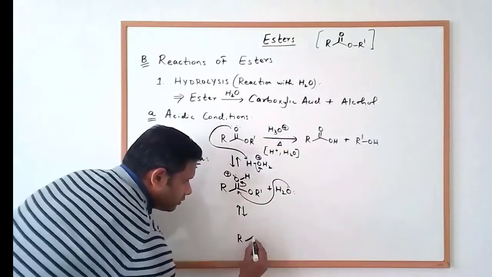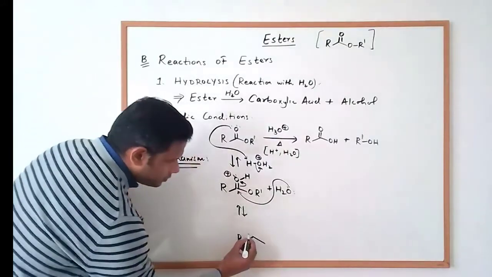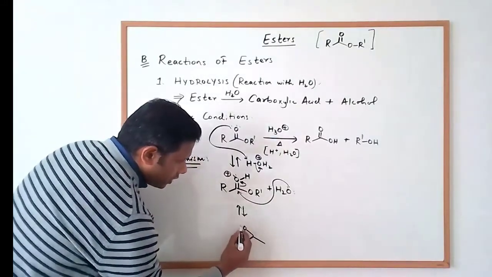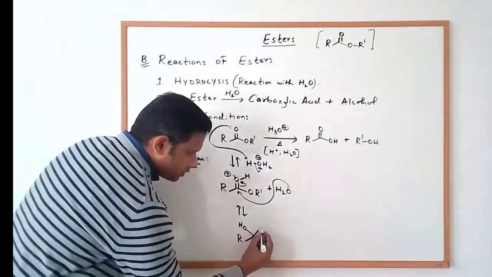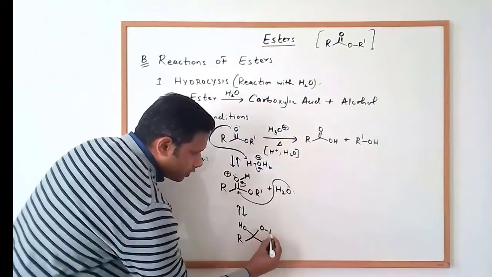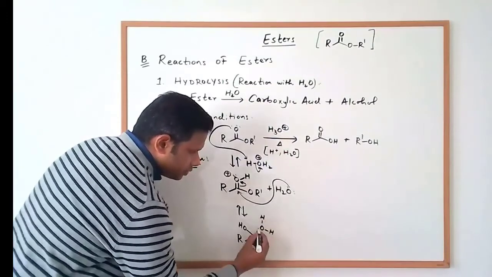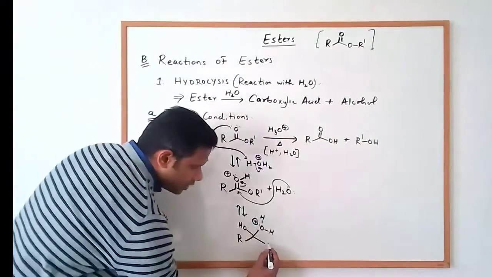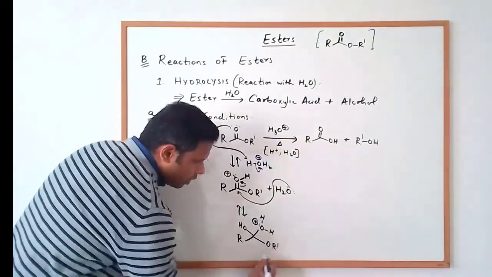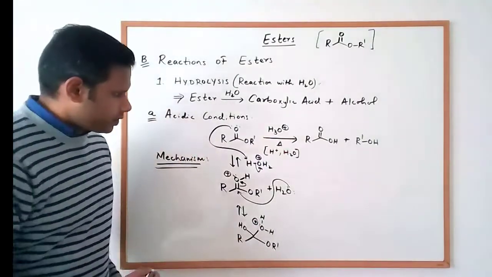And it would give us a hydroxyl group here, give us a water molecule that's connected to that carbon, has a formal charge on that oxygen, and there is an OR prime group here, okay?